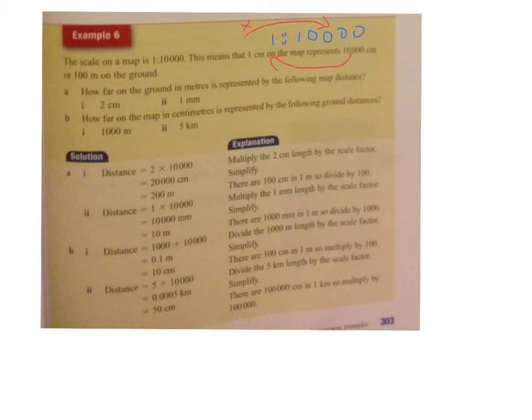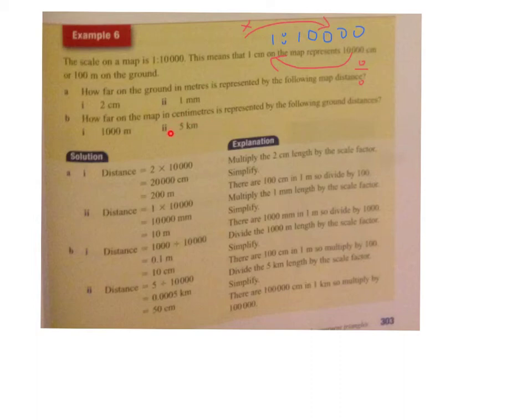I'm going the opposite direction, so it's going to be divide. If we've got 1,000 metres on the ground, we've got to divide by the 10,000. So 1,000 divided by 10,000 is 0.1 metres. Convert that, and we've got 10 centimetres.